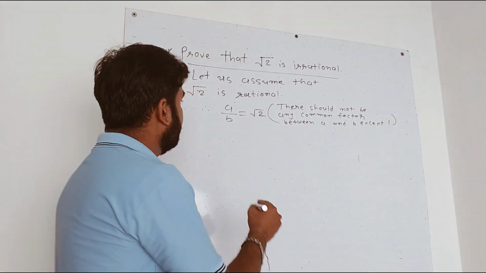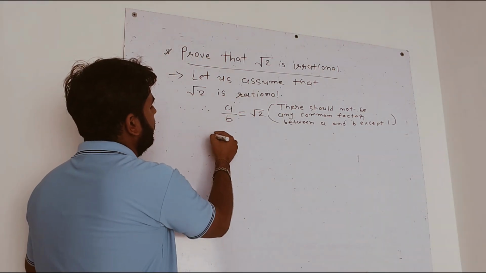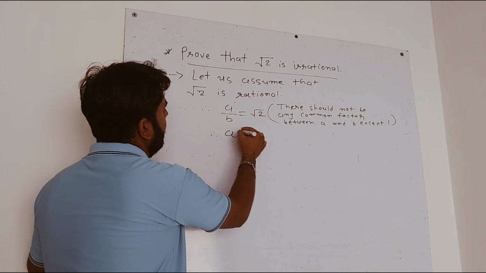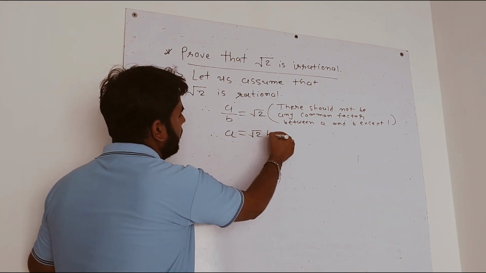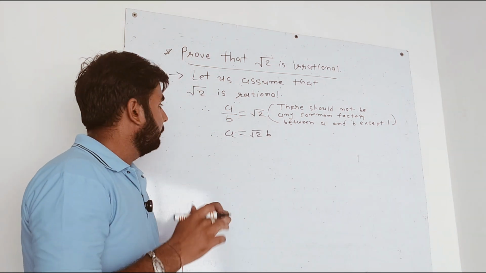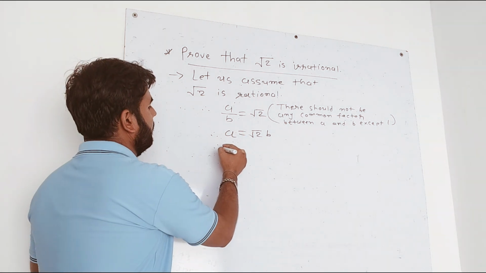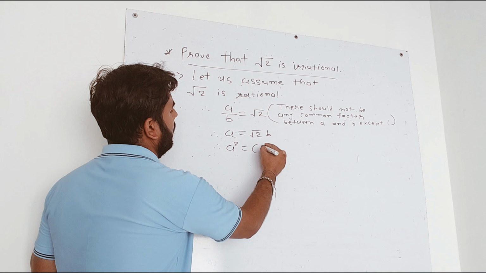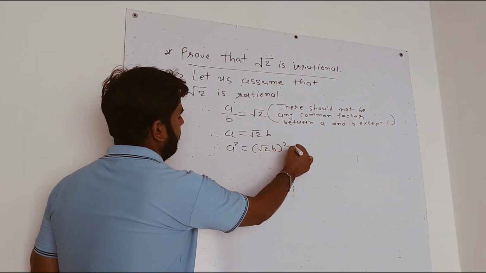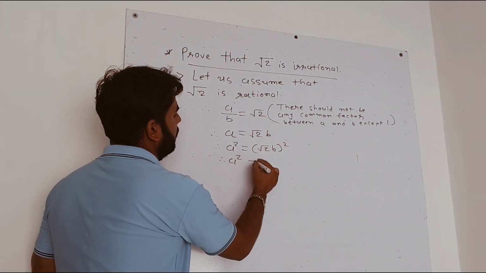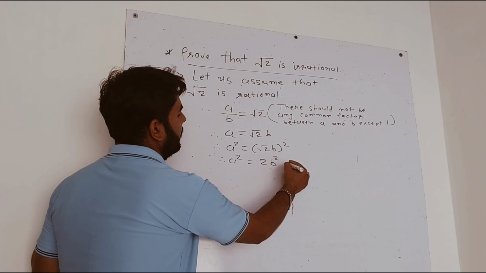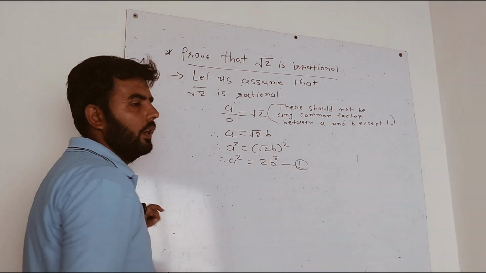Okay. So in the next step b goes on the right side. So the next step will be a is equal to under root 2 into b. Now making the square on both sides, the expression will be a square is equal to under root 2b whole square. Therefore, a square is equal to 2b square. This is equation 1.